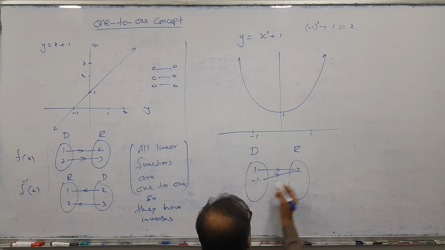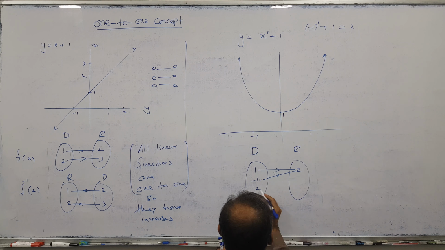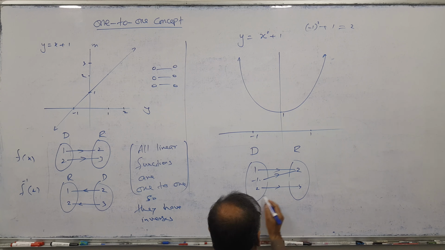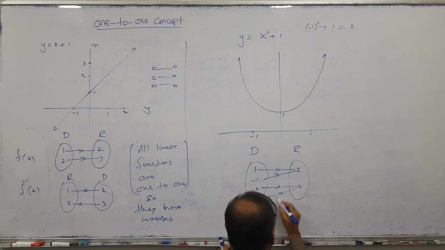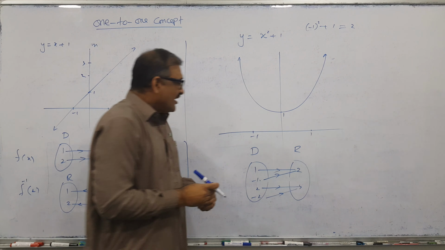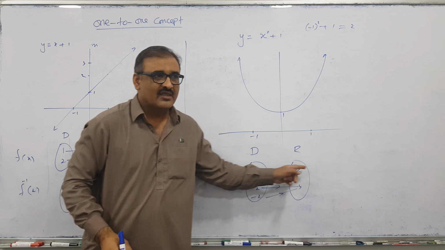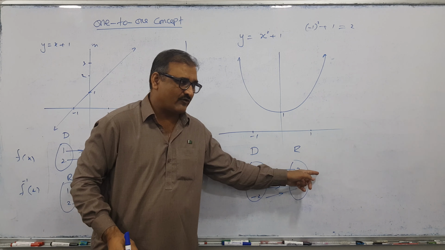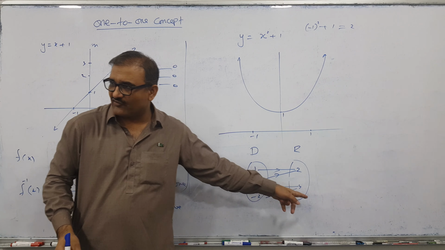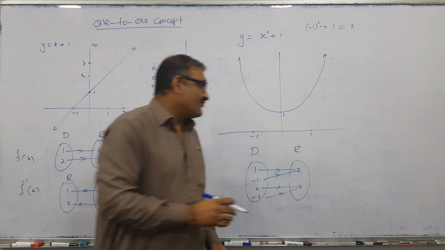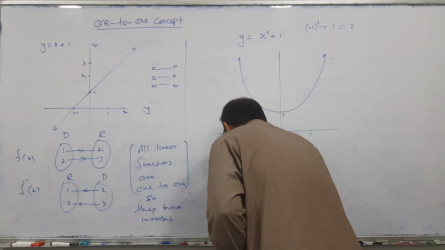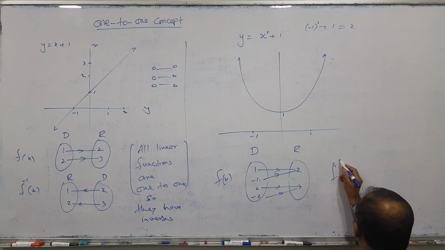If I check for 2, 2 gives you 4, and minus 2 also gives you 4. So you can see here that we have one x value, one value of y, each time. Correct. But when I go backward, for the inverse situation, what happens?